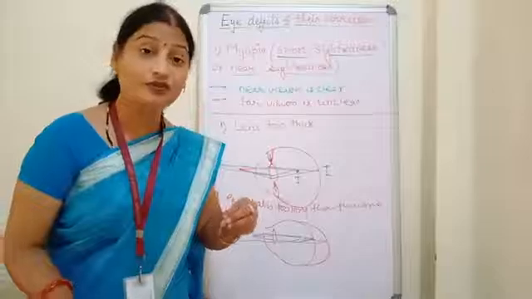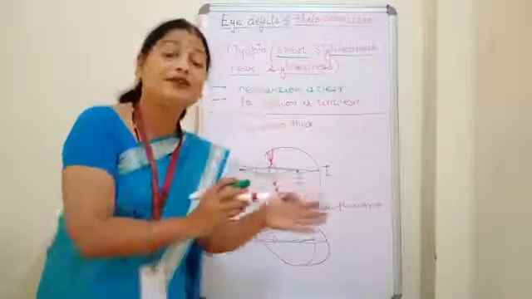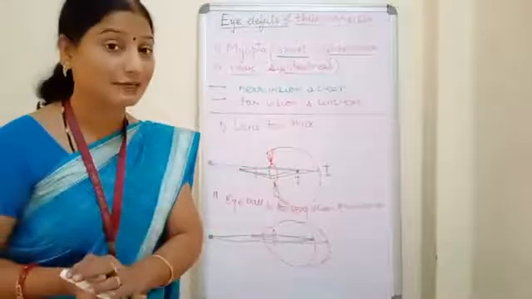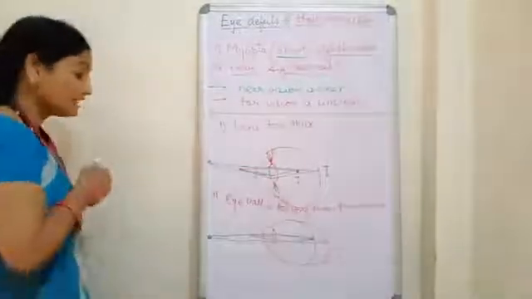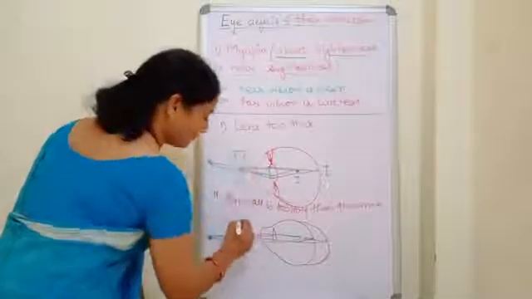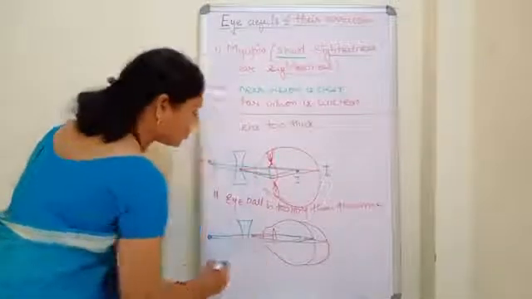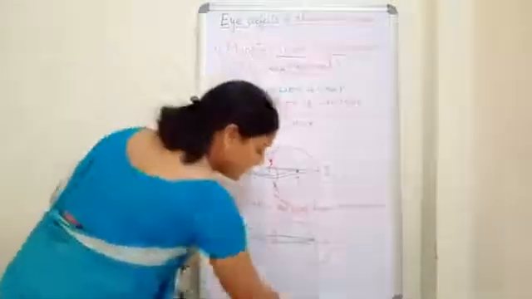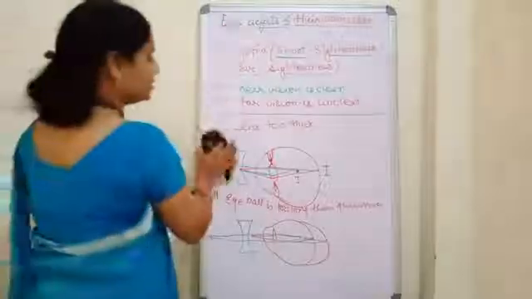We want it to be a little bit diverged. If it is diverged, it will form the image on the retina. And for this, what can we do? We will use a concave lens. If we use a concave lens, then automatically, children, the rays will be diverged.